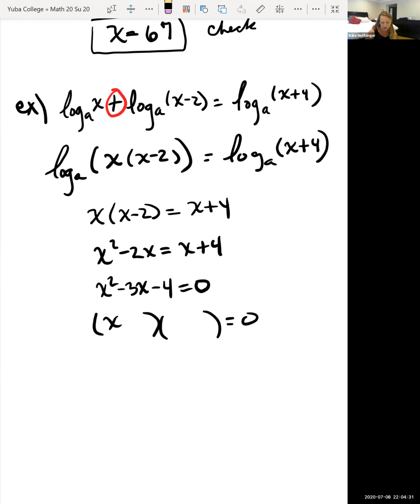So two numbers that multiply to -4 and add to -3 are -4 and +1. So we can factor it as x plus 1, x minus 4. Set each factor equal to 0 and solve for x. So x plus 1 is equal to 0 when x is -1, and x minus 4 is equal to 0 when x is 4.